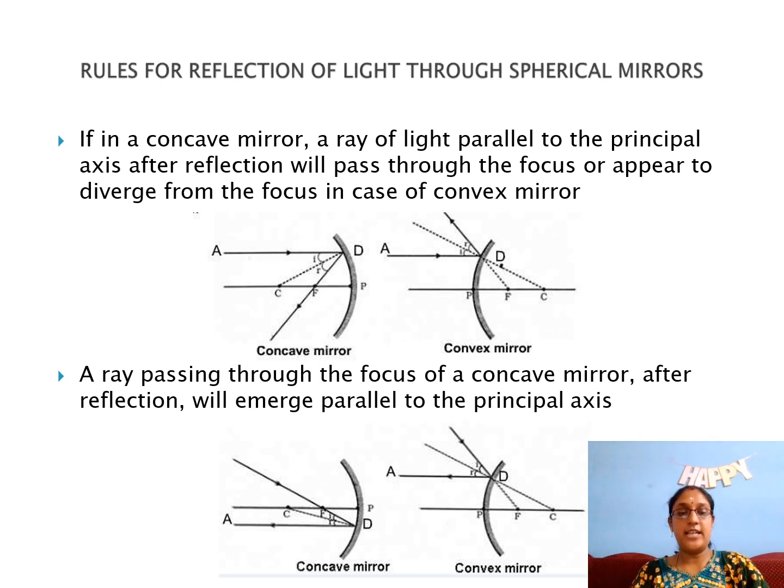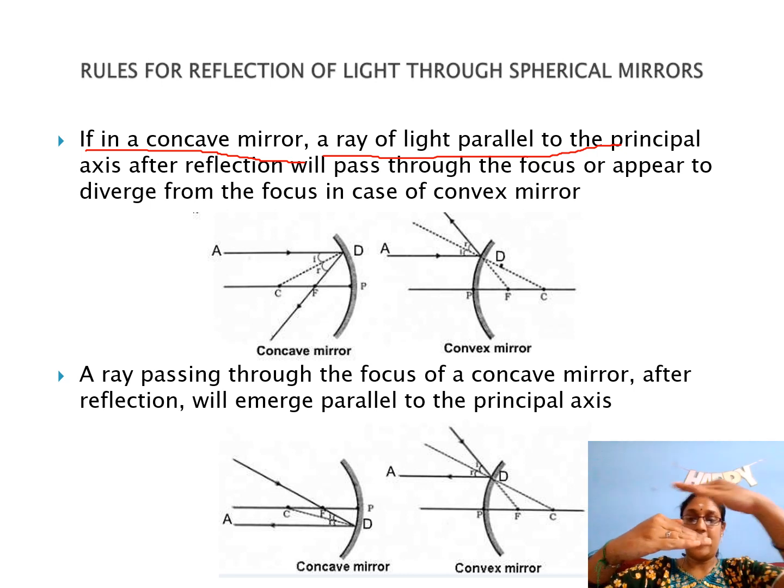For example, in a concave mirror, consider a ray of light parallel to the principal axis. Here, this center line is the principal axis. One ray will be here, the other ray will be here, so both rays are parallel.